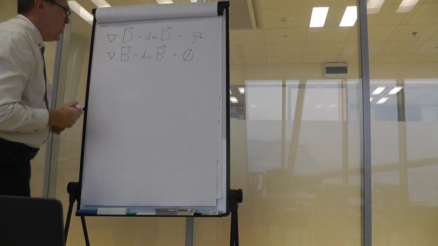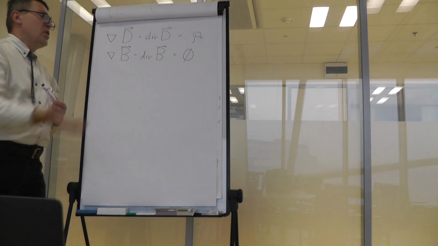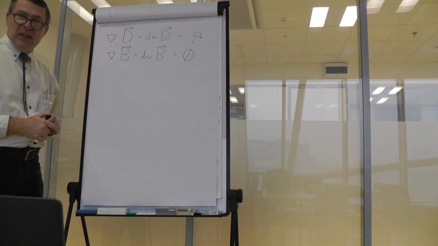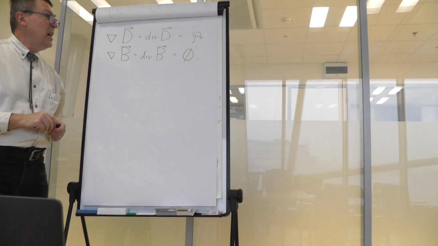So the second equation reads that the divergence, which can be calculated as nabla dot product with B, is 0.